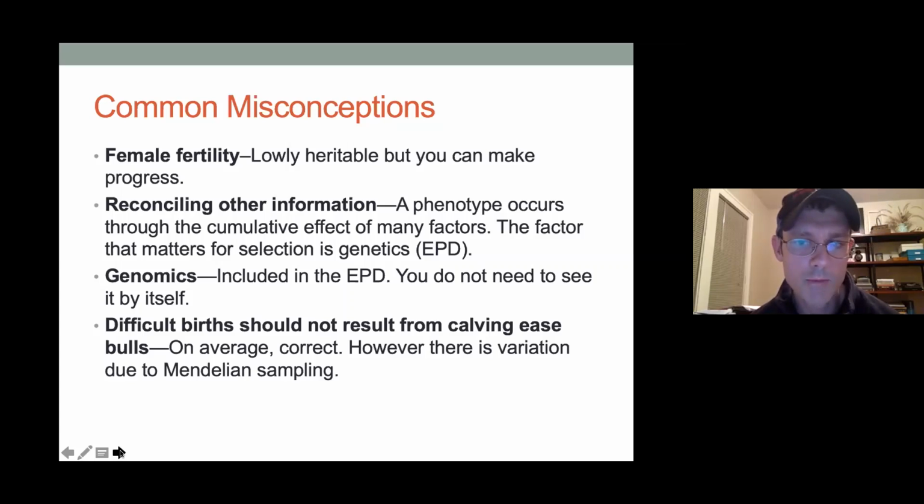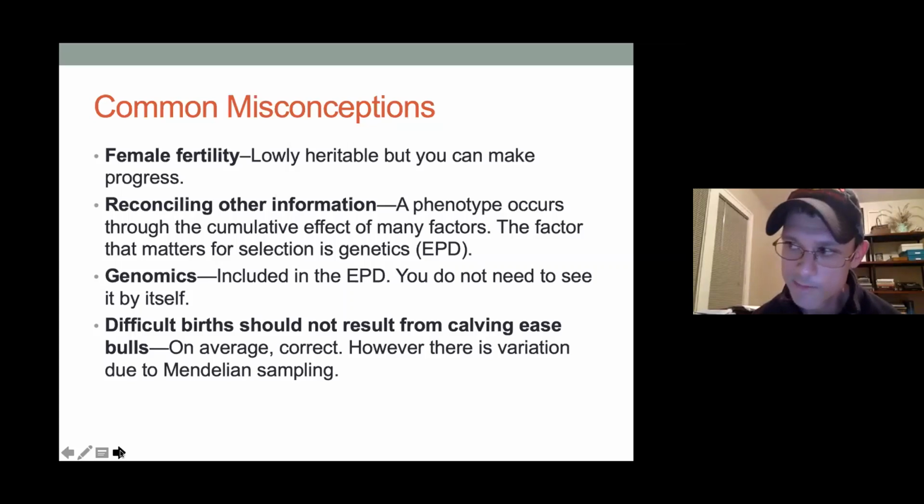Difficult births should not result from calving ease bulls. On average, this is correct. However, there is variation due to Mendelian sampling. So every time a bull is mated, he passes on a random half of his alleles to the next generation. And through that sampling event, you can imagine a case where even a really good bull genetically passed on a bad sample, right?